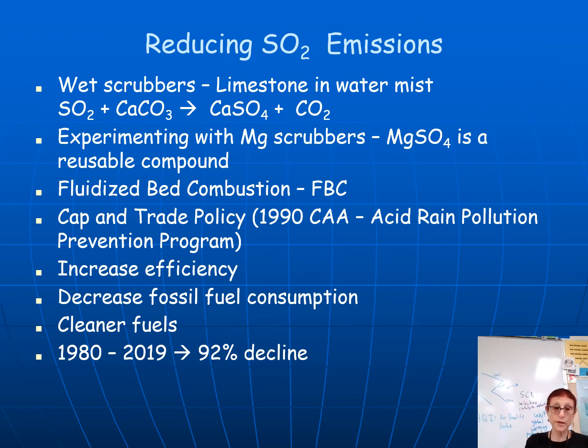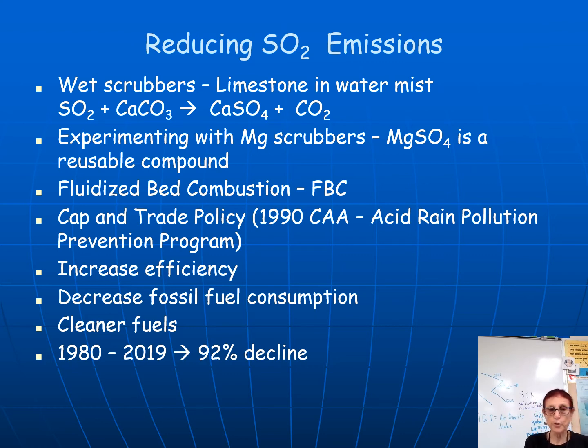So aside from cap and trade, how can we really do this? Well, we can decrease fossil fuel consumption. We can move away from coal. Again, if you use natural gas as an interim fuel before moving to alternatives like wind and photovoltaics, you will dramatically cut your sulfur oxide emissions because natural gas doesn't have those sulfur compounds in it. You can use, again, scrubbers. You can increase the efficiency through things like fluidized bed combustion and other things that increase the efficiency of your mechanization.